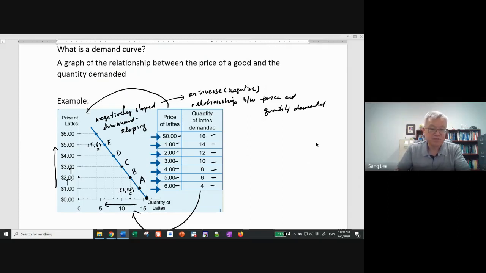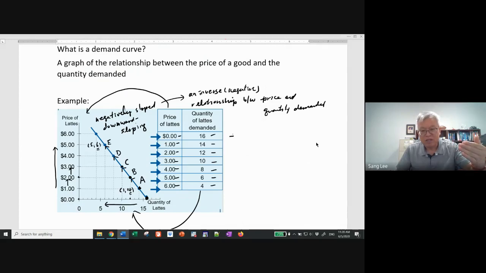So what it means is, as the price rises, the quantity demanded is decreasing. That means along this given demand curve, as the price rises, we move from point A to point B, and then from point B to point C, and then from point C to point D, and then from point D to point E. So here, we said the law of demand is an inverse relationship between the price and quantity demanded.